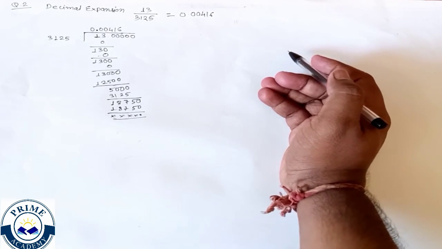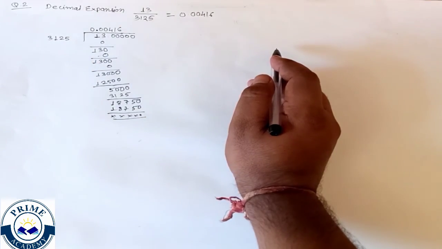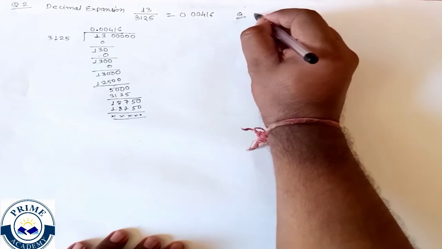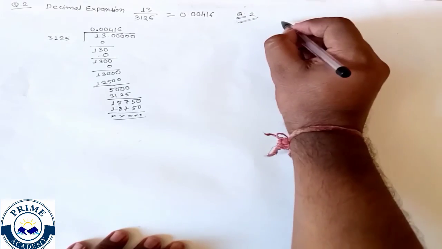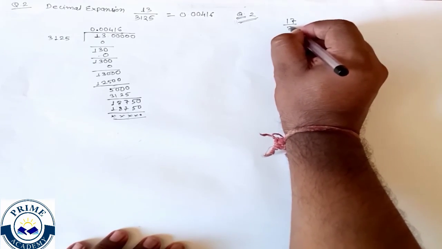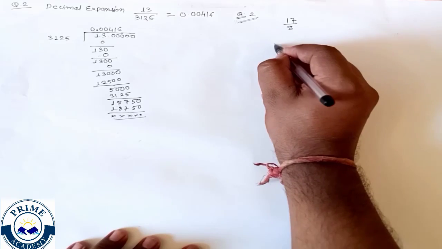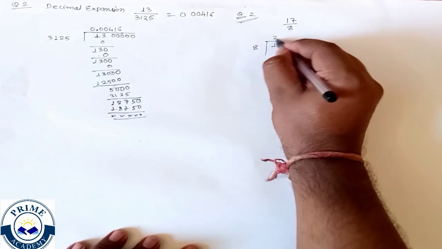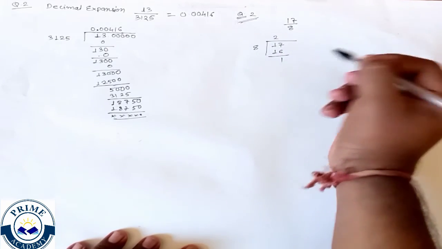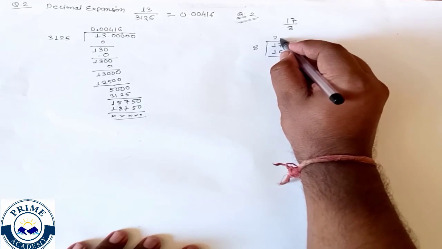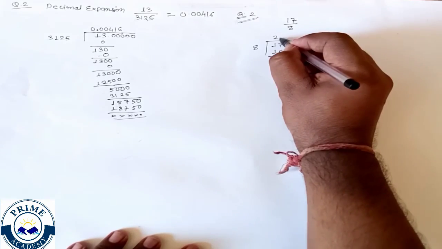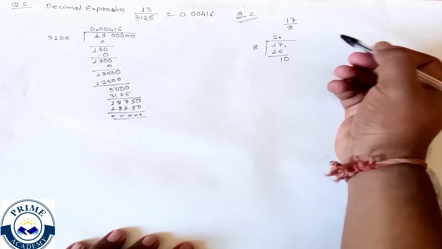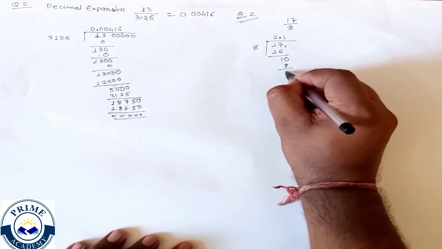The next question says that you have to find the decimal of 17 upon 8. So for question number 2, we have to expand it. Very easy. You just divide 17 by 8. This is bigger, this is smaller, you can take 2 and you get 16, so 1 remains. Put the decimal over here, and you get 2 remainder.